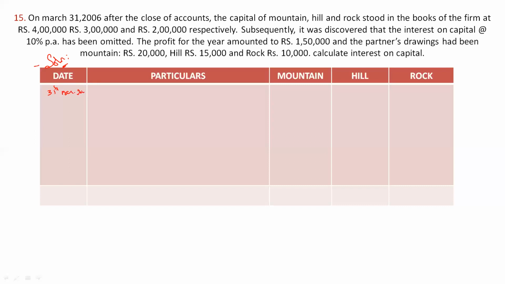So I'm writing it as 31st March of the year 2007. Okay, sorry, 2006, it's given in the question. So the closing capital on this date of all the three partners is Mountain rupees 4 lakh, Hill rupees 3 lakh and Rock rupees 2 lakh.